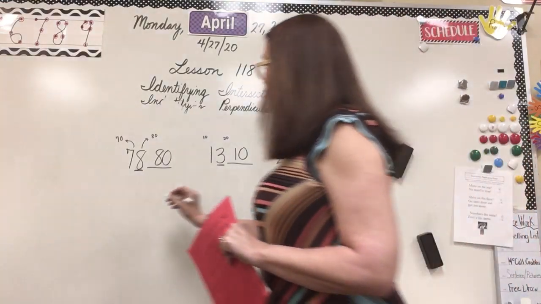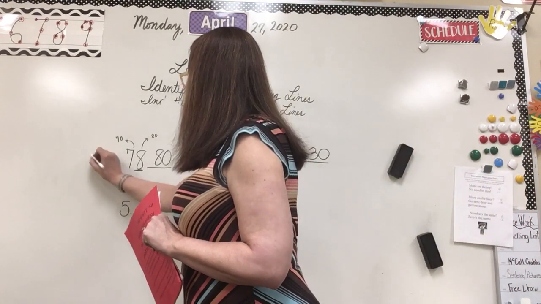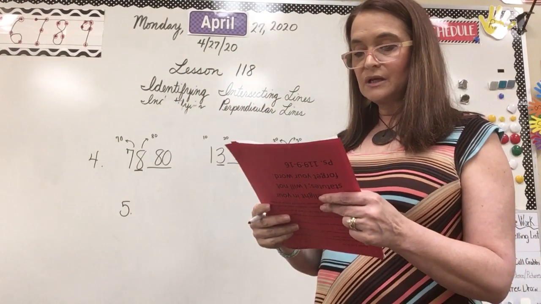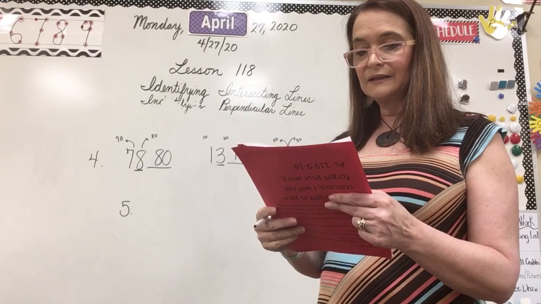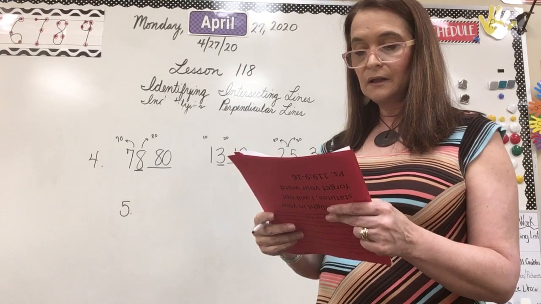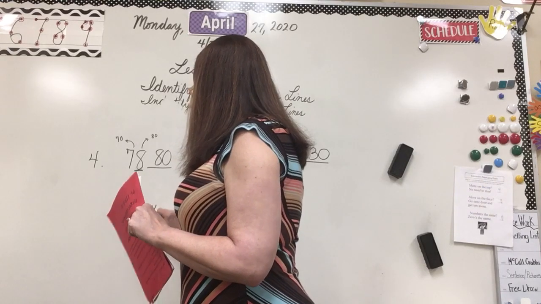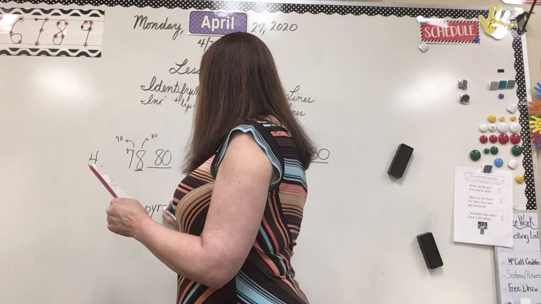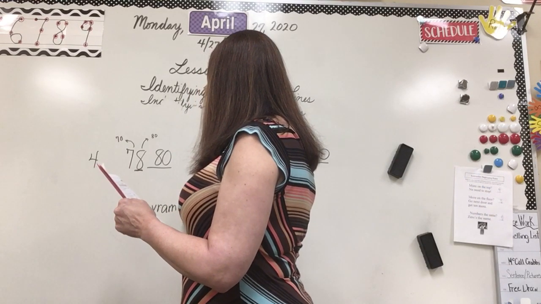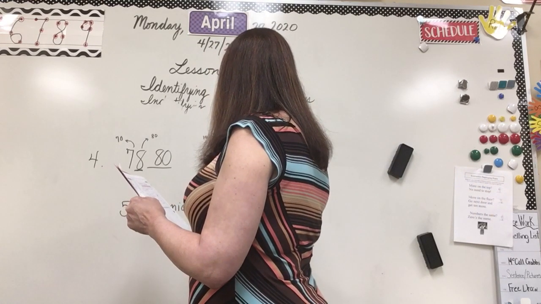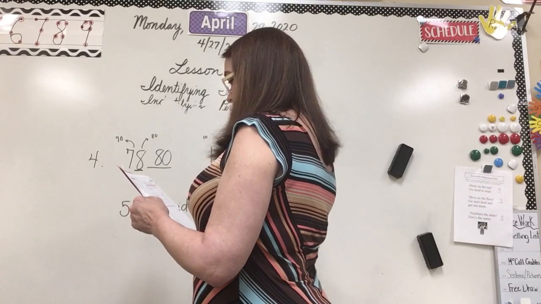Now look at number 5. This was number 4. Number 5 says circle all the geometric solids that have at least one point, or the fancy word vertex. And so we have looked at all kinds of geometric solids, and I'm going to hold them up in a minute so that you can tell me which ones we will circle.